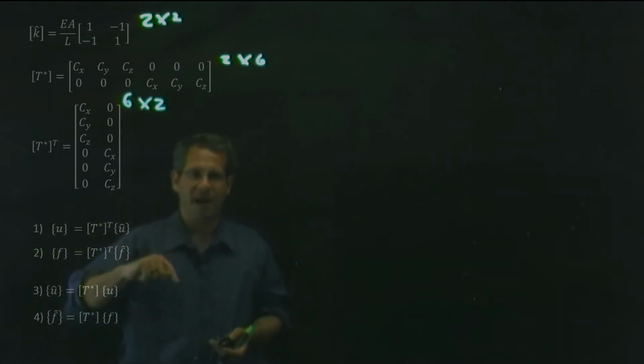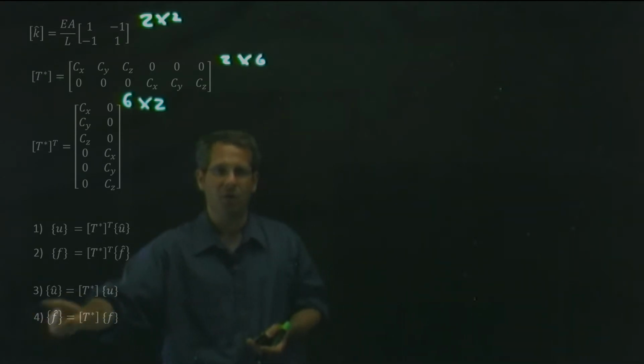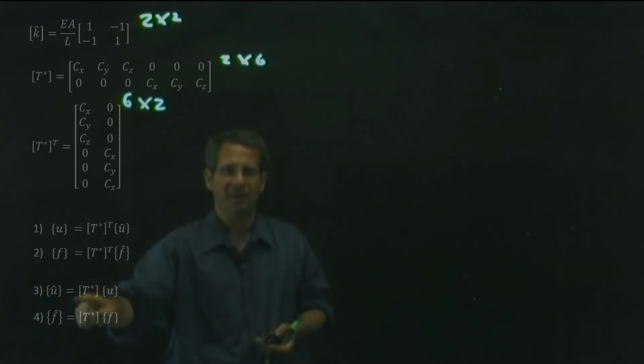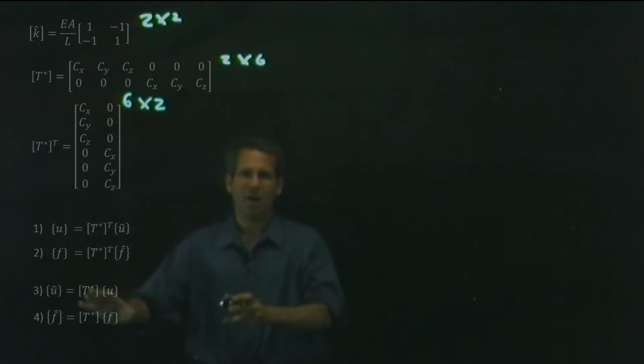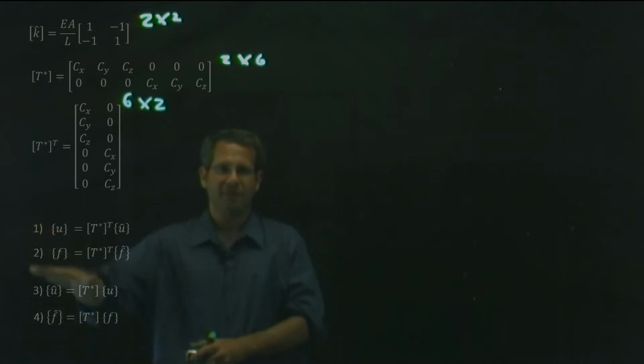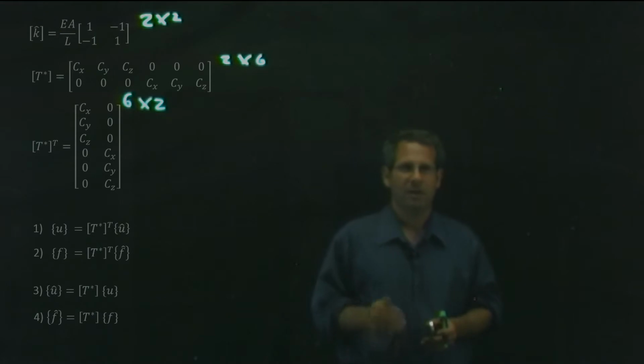If I want to go the other way, if I have the vectors in the global coordinate system and I want to go to the local coordinate system, I multiply these vectors by the transform matrix itself. All right? So now I'm in a position with these four equations to derive the local stiffness matrix in the global coordinate system.